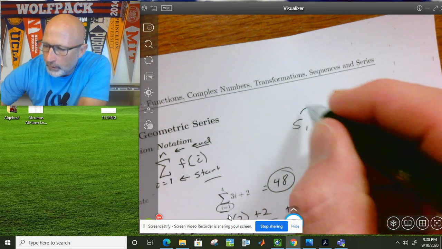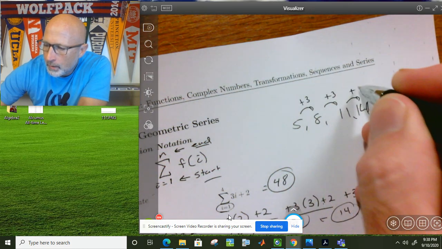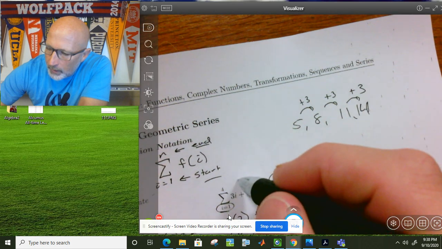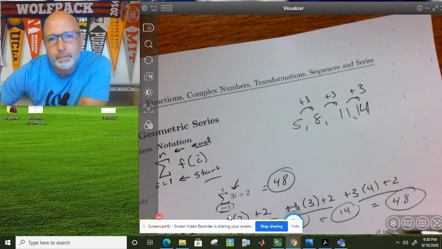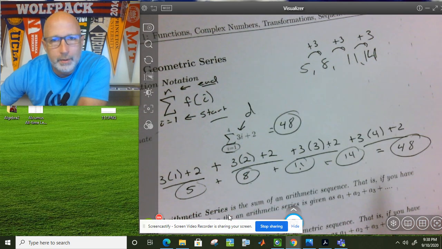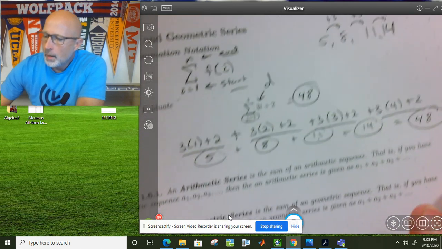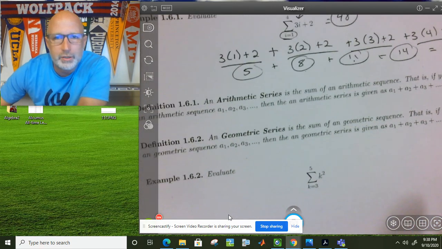It's going up by 3 every time along the way. So this 3 turns out to be our common difference d in this form. I'm going to skip these definitions real quick and go down.